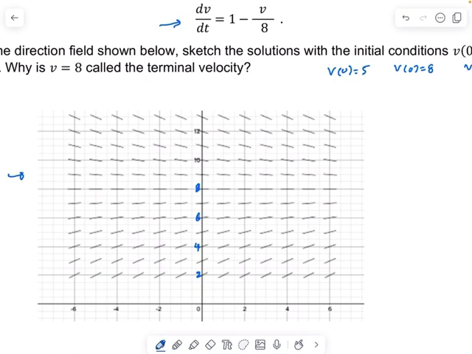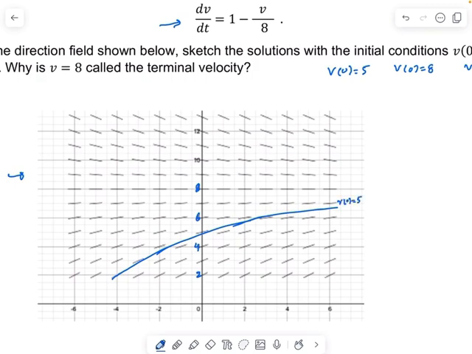Anything from below is going to increase, not like a straight line, but like this, and level off at 8. And anything coming from above will level off at 8 as well. So we have to draw the ones for 5, 8 and 15. This one is almost like the one with 5, so this will be v(0) equal to 5.